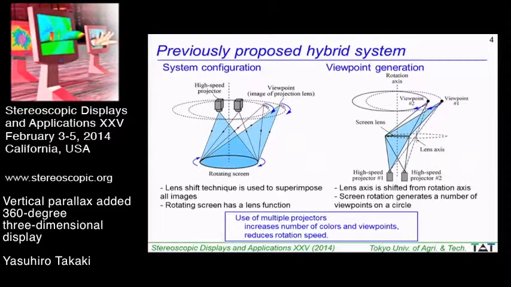Because the lens axis is shifted from the rotation axis, the screen rotation generates a number of viewpoints on a circle. The use of multiple projectors increases the number of colors and viewpoints and reduces the rotation speed.